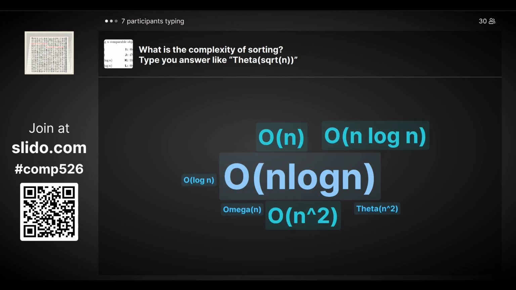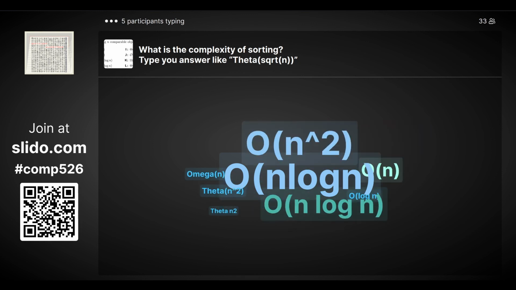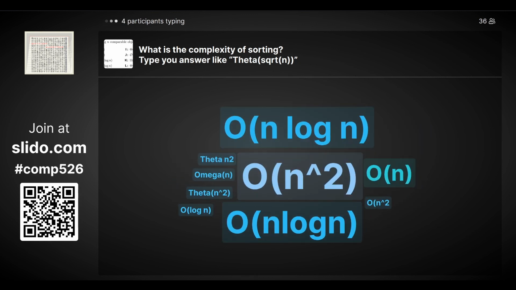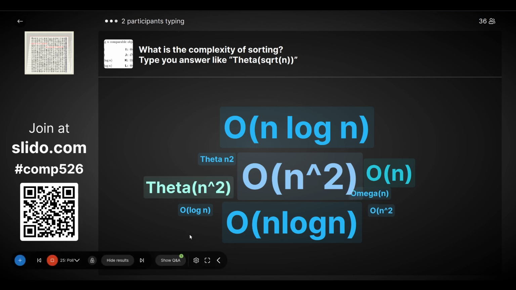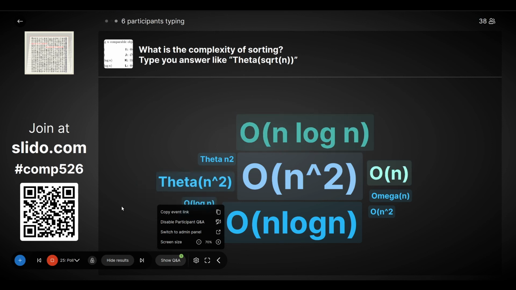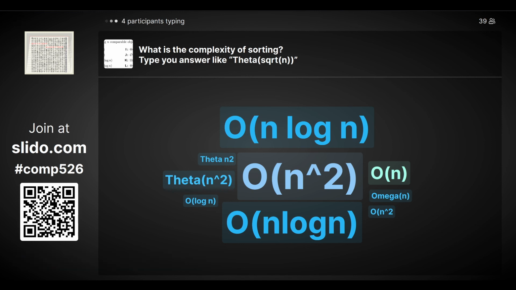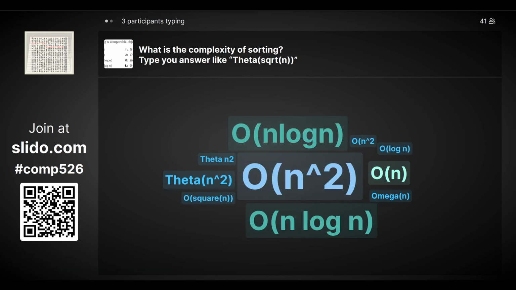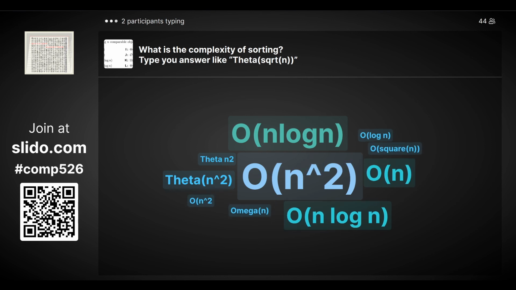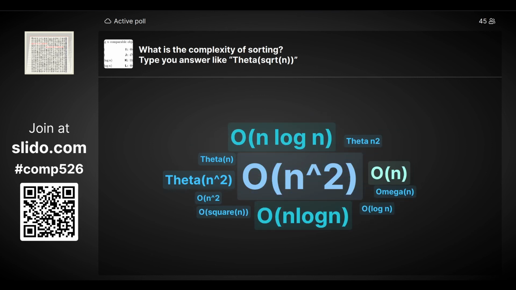All right, I see a big blob for Big O. n log n, pardon me. Yeah, I think this was... I can't show this list of answers with the actual counts. Now the other trick is, should the answer to this question be theta or big O or something else?